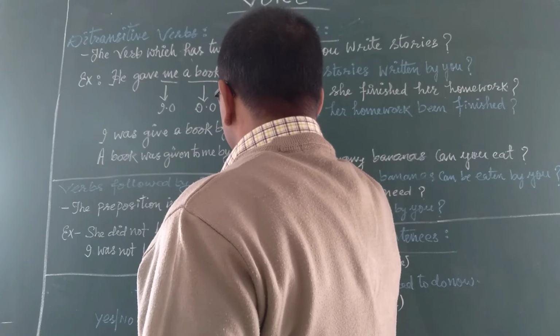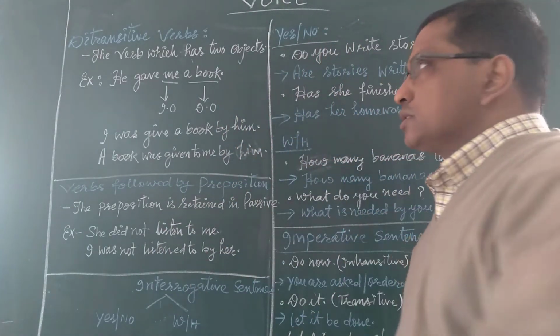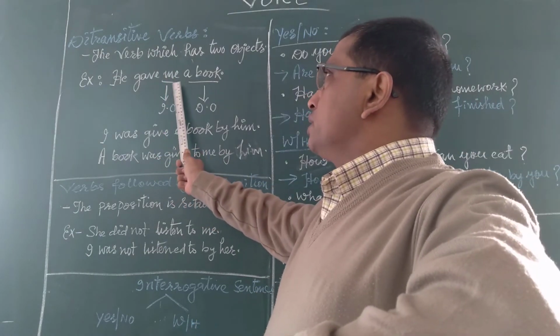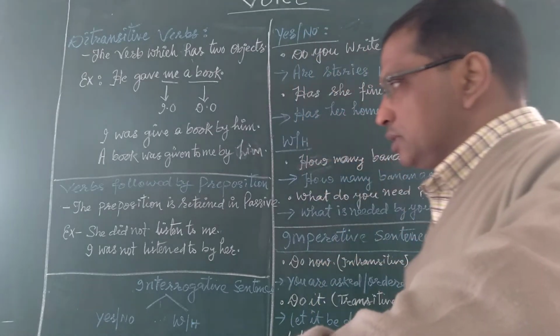That is the second sentence. That means we can change into passive voice with both of the objects as subject. That is called ditransitive verbs.